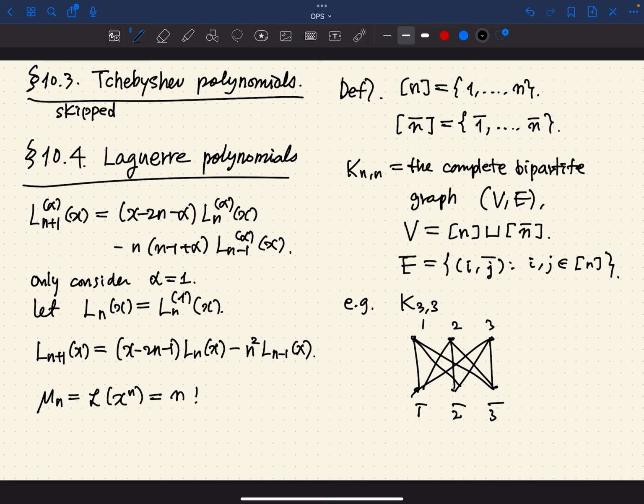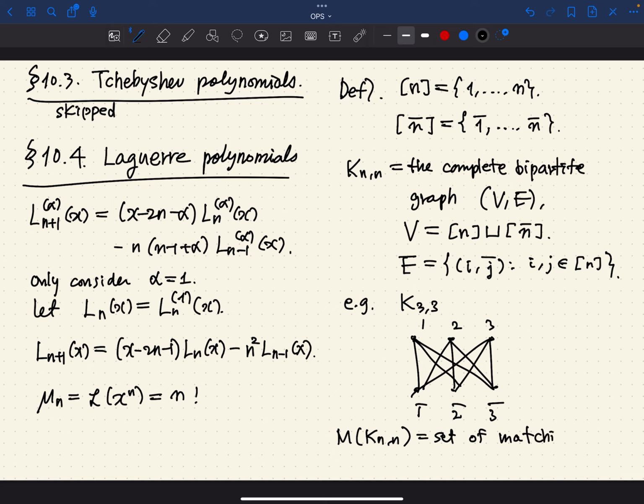And I'm going to define M of K_{n,n}. So generally, when you have a graph, this is the set of all possible matchings on the vertex set where you are only allowed to use edges in this graph. So this is the set of matchings.